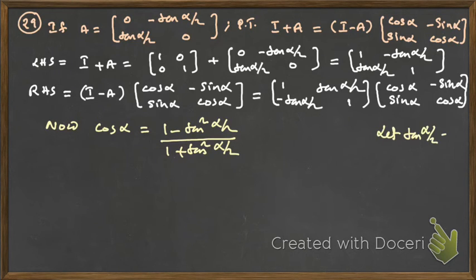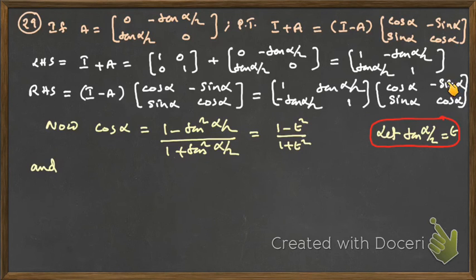Let this tan alpha by 2 be denoted by the letter T. I make a substitution so that my writing becomes easier. It's a huge expression, so I am going to replace tan alpha by 2 everywhere by T. So this would look like (1 minus T square) by (1 plus T square). So I have a value for cos alpha as (1 minus T square) by (1 plus T square).